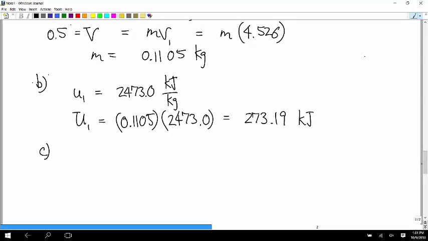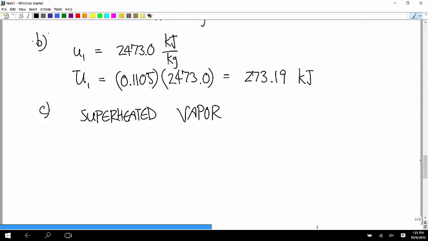Now in state 2, if you look at the superheated vapor table, you get that the specific internal energy at a pressure of 0.35 and a temperature of 240 is 2720.3. All of these are kilojoules per kilogram.